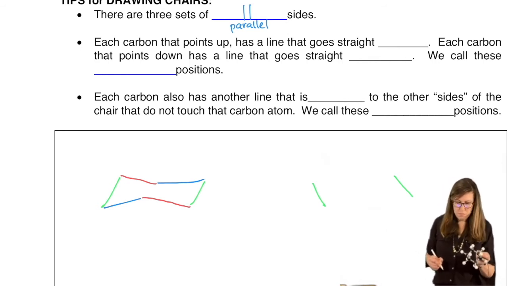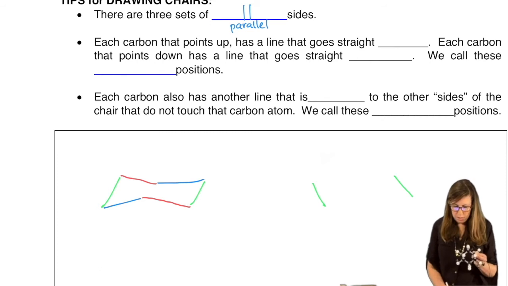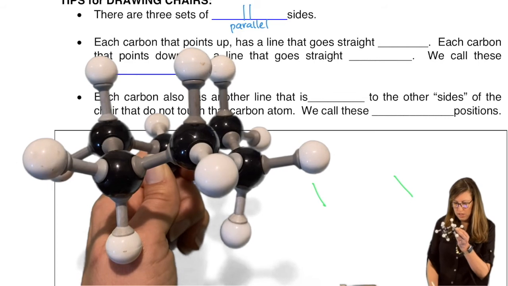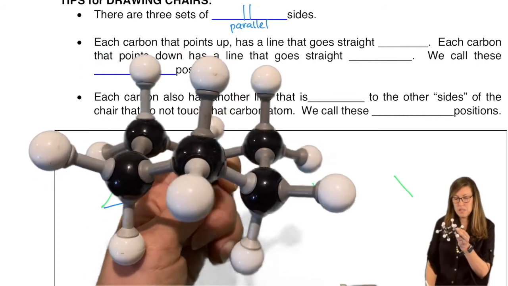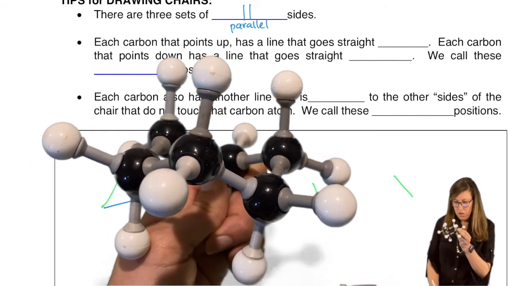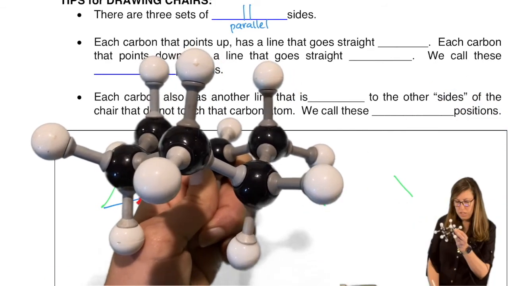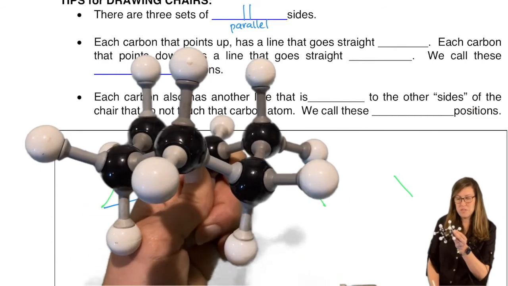Now what I wanted you to do with your model kit is to pick it up, line it up with your face so that you can actually see these green bonds. Then note the front carbon that's pointing up, and notice how in order to twist it so you see it this way, it's got to be to the left of the back carbon.